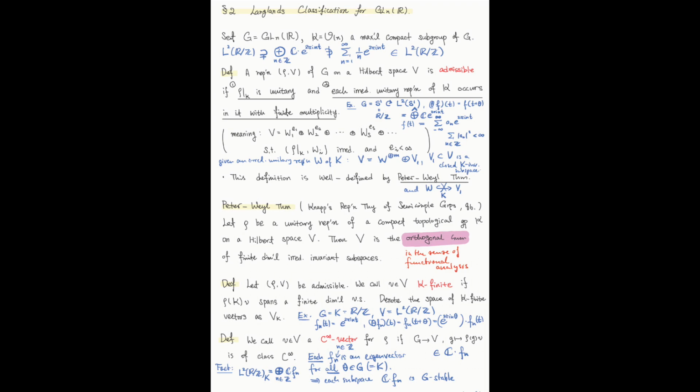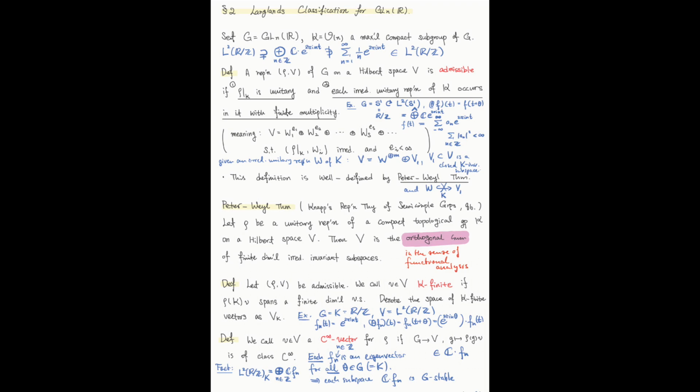For instance, a function which is not in there is the function sum over n of 1 over n times e to the 2 pi i n t. This is indeed an L2 function, but it's not a finite linear combination.